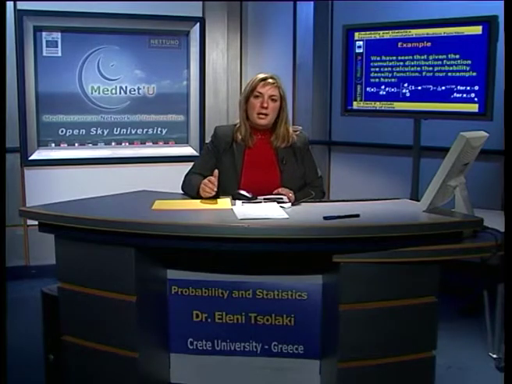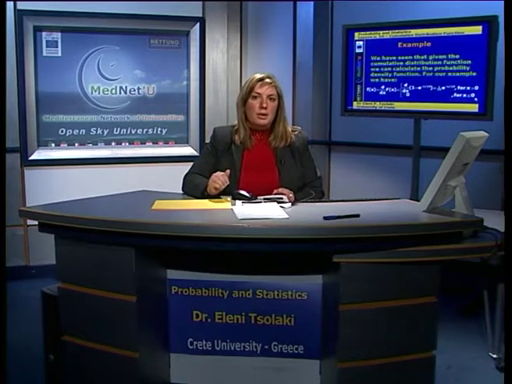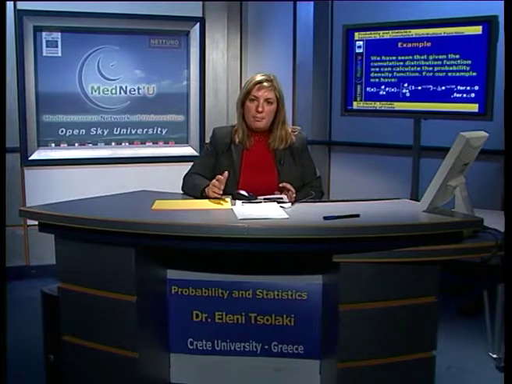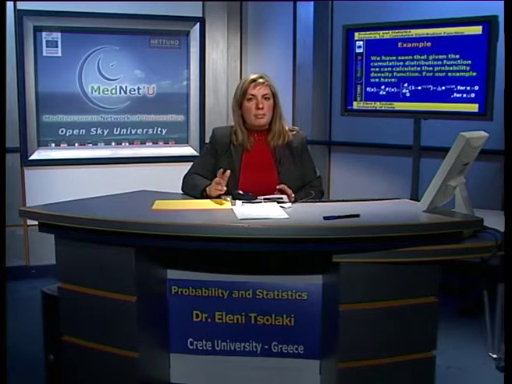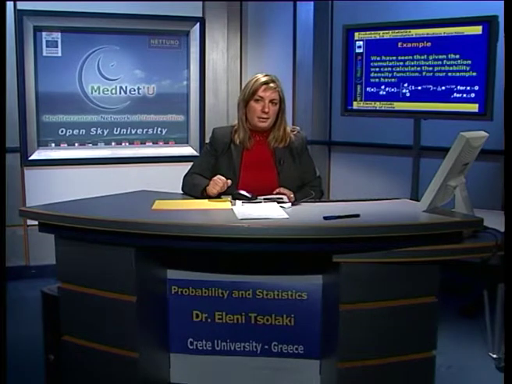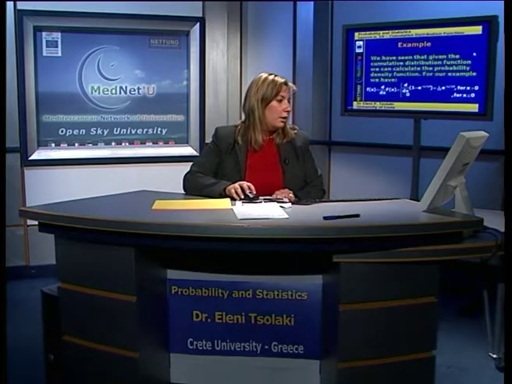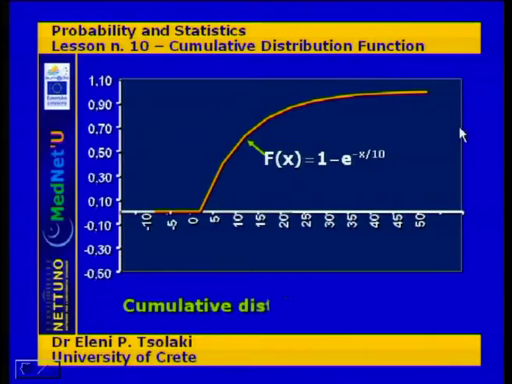We have seen in the discrete case that the cumulative distribution function is a step function. Now we are going to see a picture of the cumulative distribution function for the continuous case. So we have here, for the example we have seen, that the cumulative distribution function is not a step function in this case.